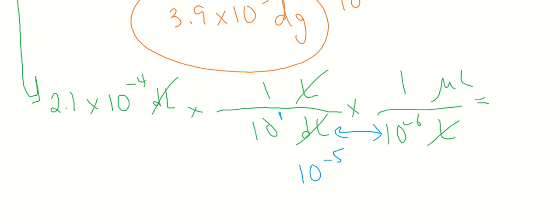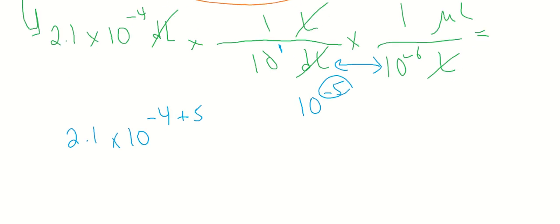Now let's get the answer. 2.1 times 10 to the negative 4 minus a negative 5 is plus 5. So that's just 1. So it's just 2.1 times 10. What was the unit? Microliters.